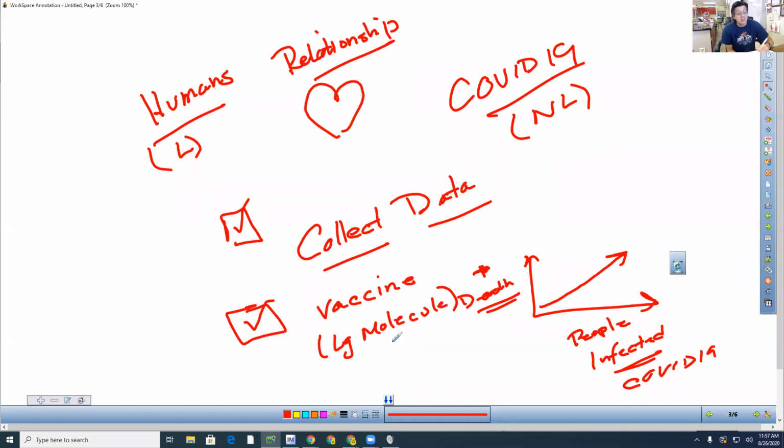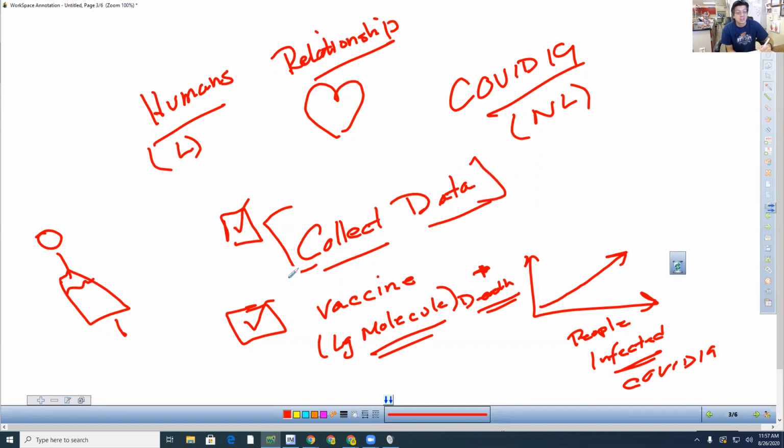And what scientists did is they made this large molecule, and they're going to inject it into people. And once they inject it into people, they're going to see how it affects the people. In other words, they're going to collect data to see how it affects the people.